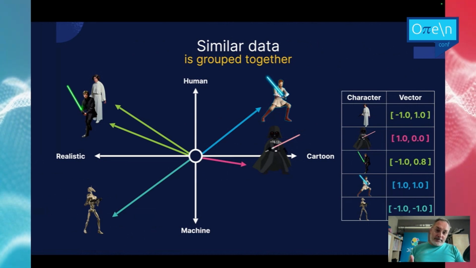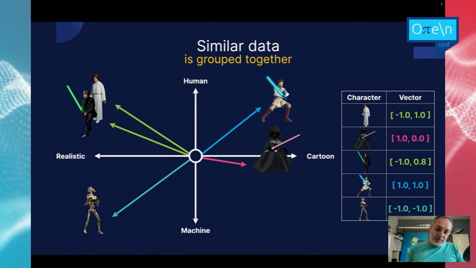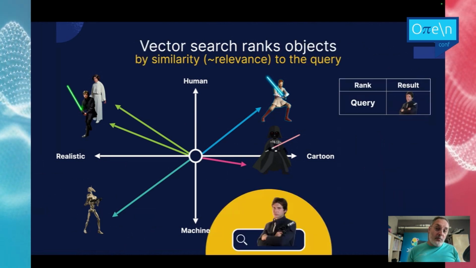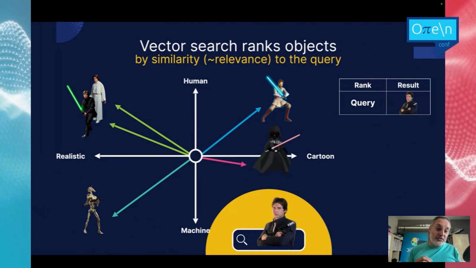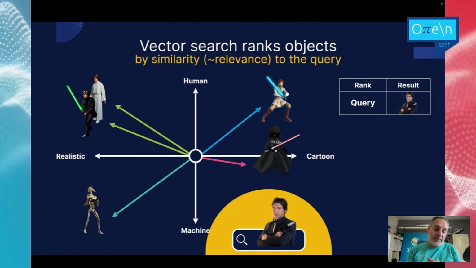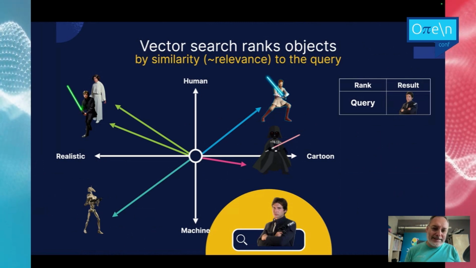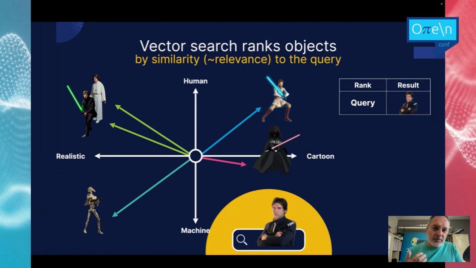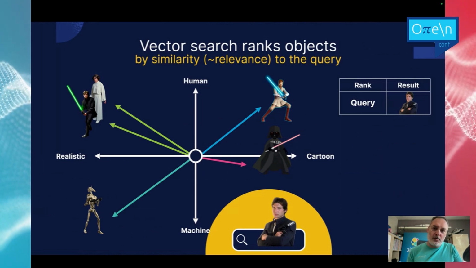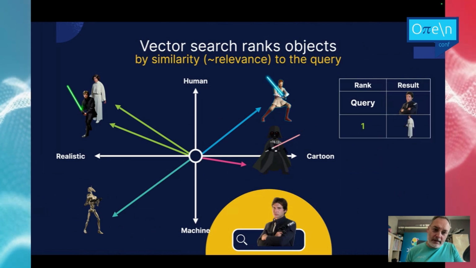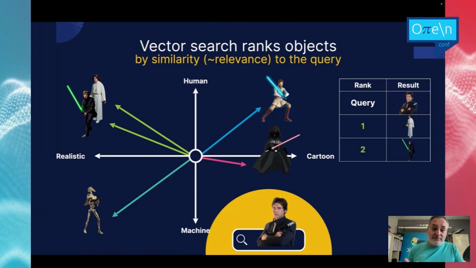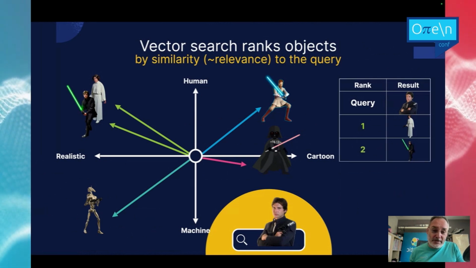What do we want to do with that? We want to be able to search. For example, if I'm searching with this image, I want to find the closest image to it. We can mentally place Han Solo on the picture, and the closest data in our data set would probably be Leia at first, then Luke, and then, hard to know, maybe Obi-Wan, maybe the machine.